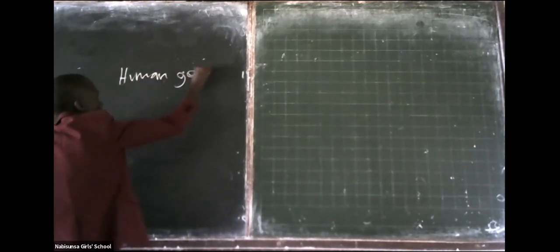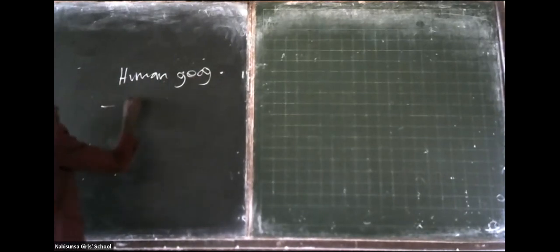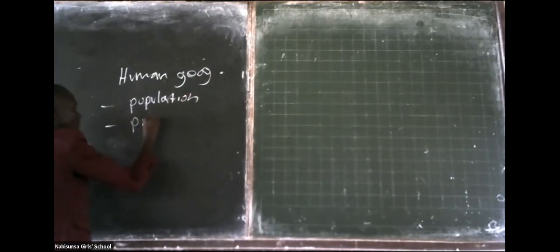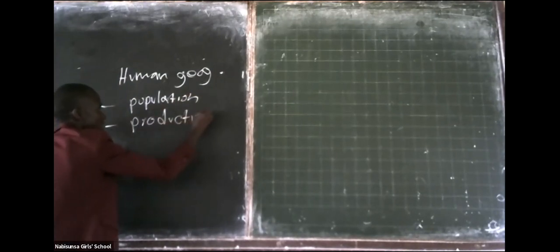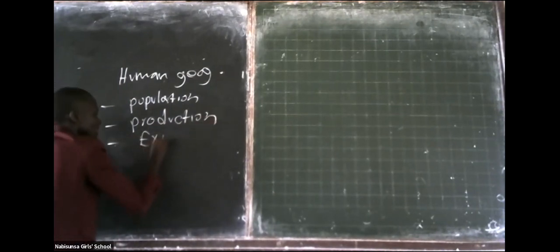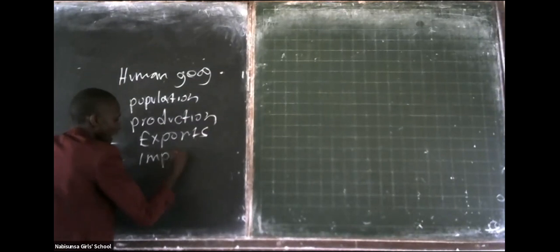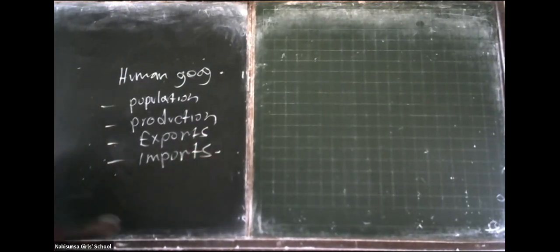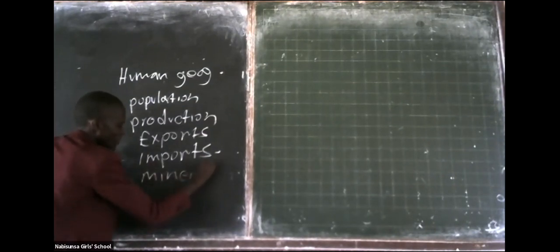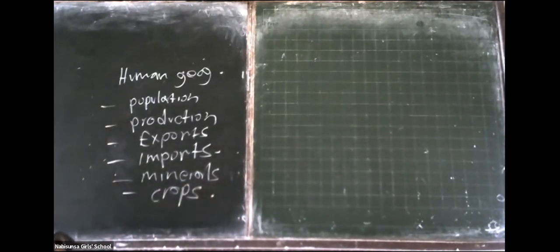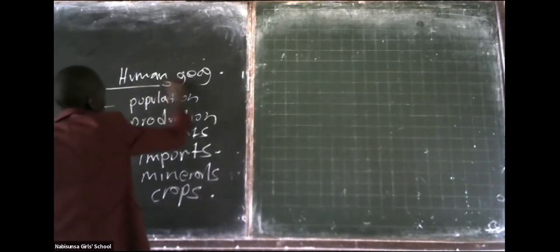When I say a graph representing human geography, we are looking at population, production, exports, imports. Sometimes your question can be about minerals, or about crops. They give you such things. That's what we mean by human geography.